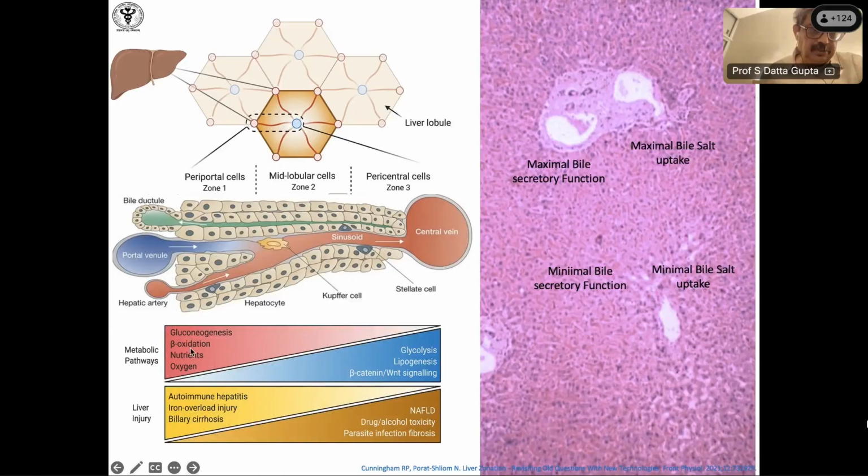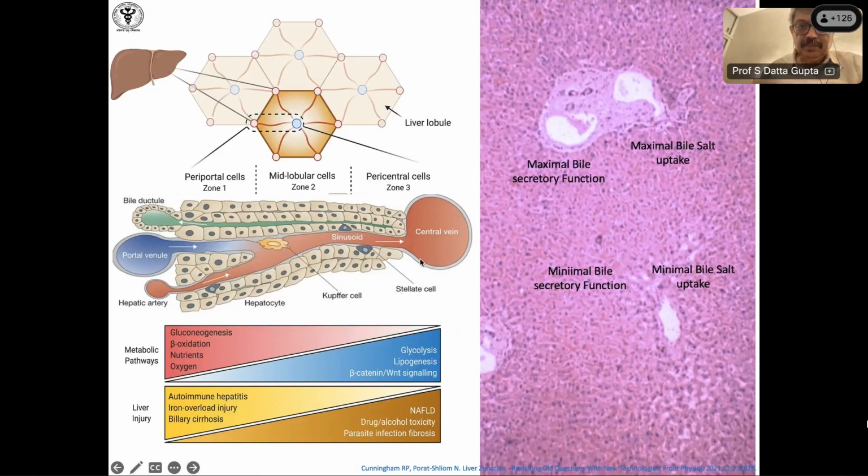Otherwise also, towards the portal vein, you have more oxygen, more gluconeogenesis, beta oxidation and nutrient. And toward the central vein, glycolysis, lipogenesis.